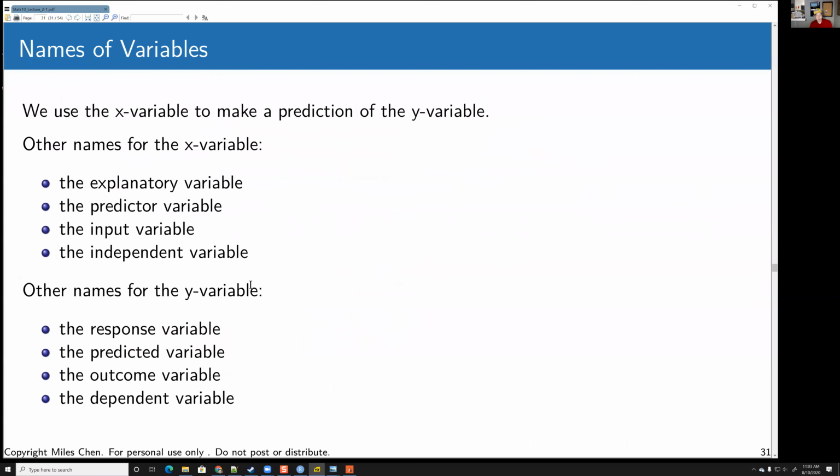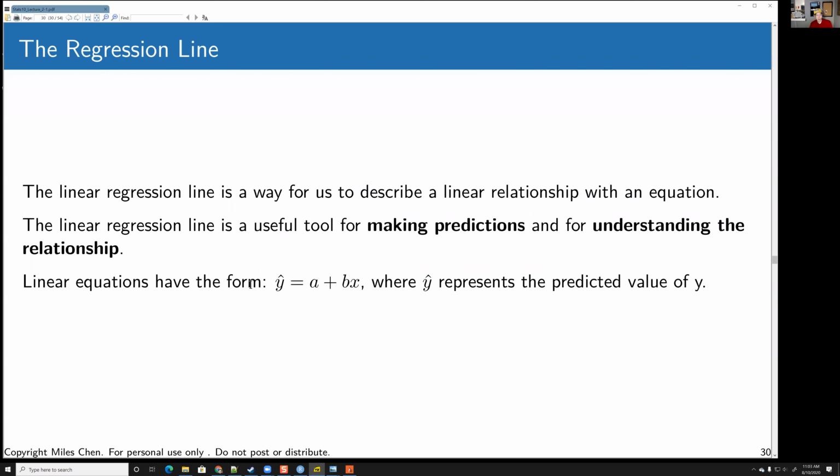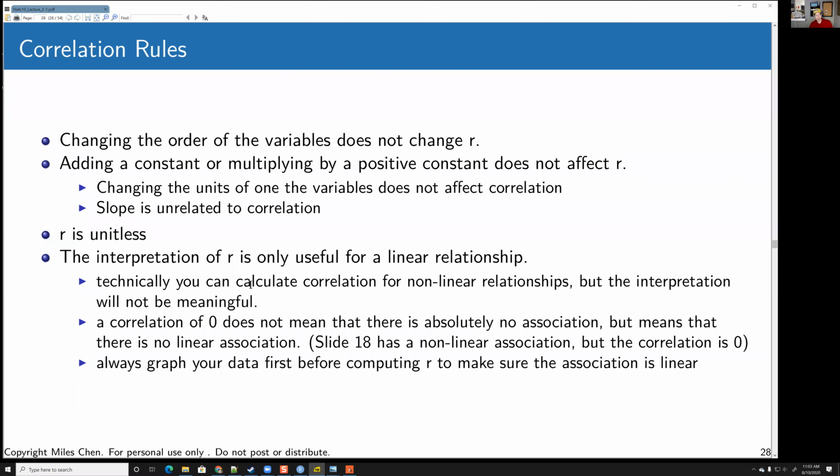All of the plots I've done so far have been from observational studies. But you can do a controlled experiment where you control how much X you are using and measure the effect on Y, and in that case you can draw a cause and effect conclusion, but that mostly depends on how the data was gathered.